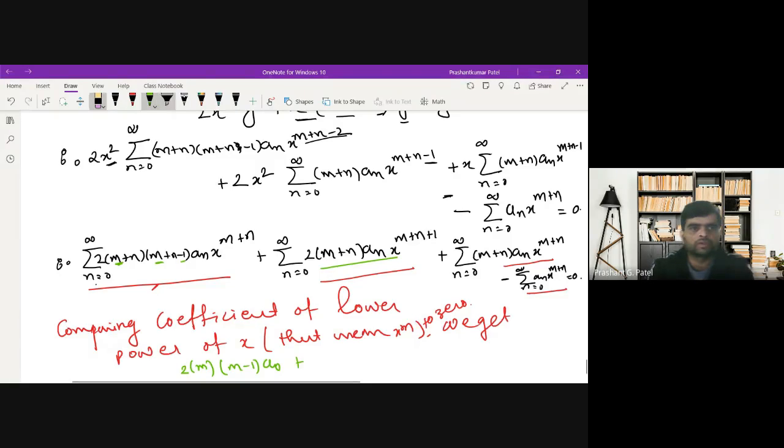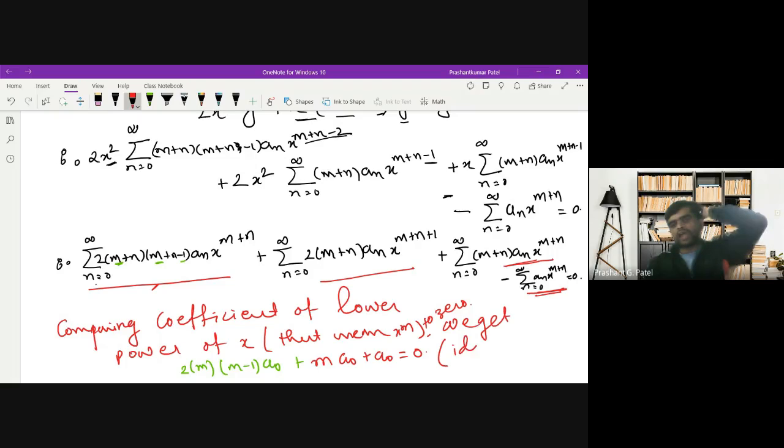So in the third one, here, you will have the x power m term. So it is m a0 plus, here you will have a0 equal to 0. What is this equation?